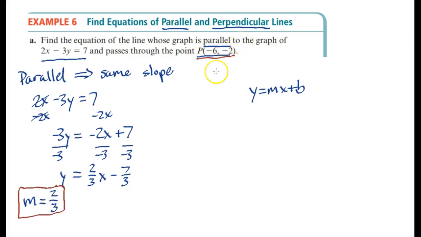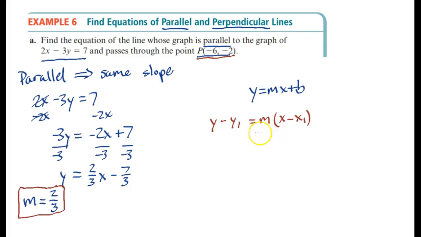So we're going to use this slope and this point to find our equation. So we want to use the point slope form: y minus y1 equals m times (x minus x1). We used this before in the previous slide, and we're going to use it again here.